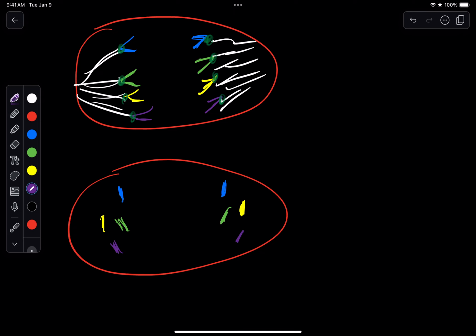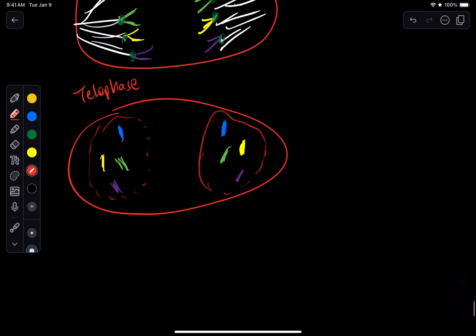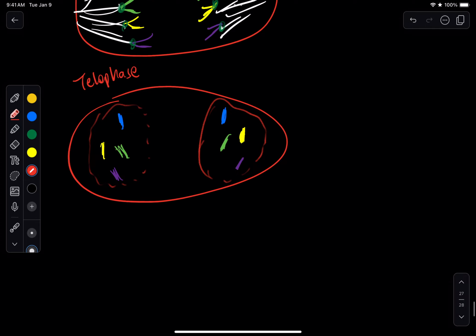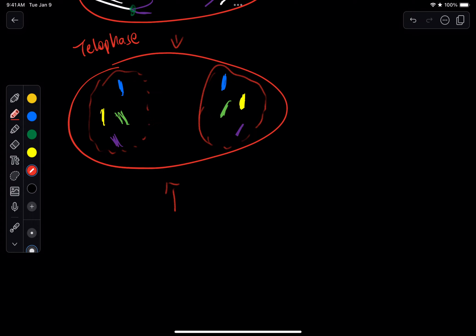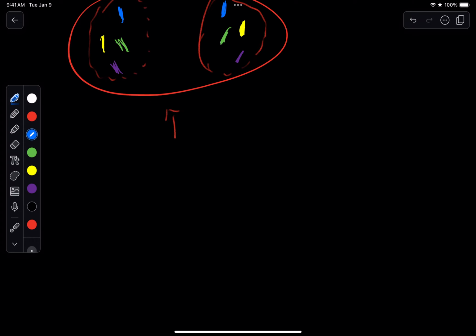During telophase, a nuclear envelope forms. And after mitosis, cytokinesis happens, where the cell is pinched down the middle and then forms two cells.